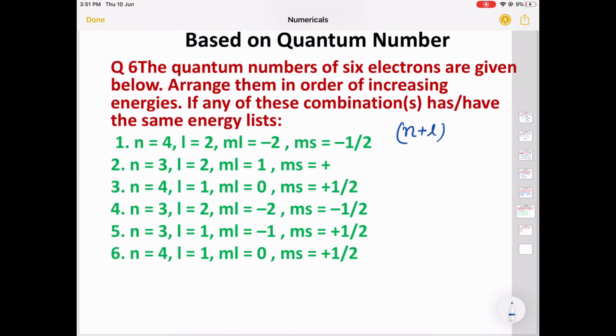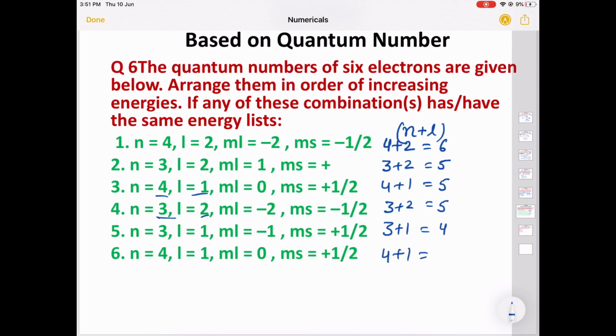So for the first set of quantum numbers, the value of n is 4, l is 2, so this is 6. 3 plus 2, 5. 4 plus 1, again 5. 3 plus 2, 5. 3 plus 1, 4. 4 plus 1, 5.